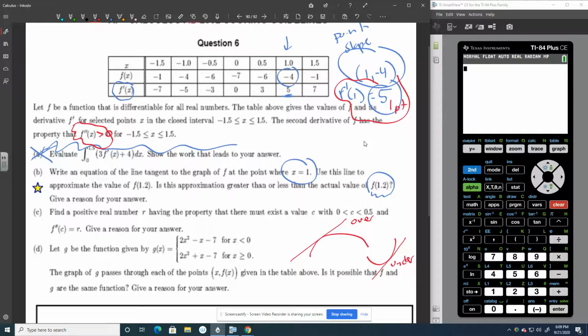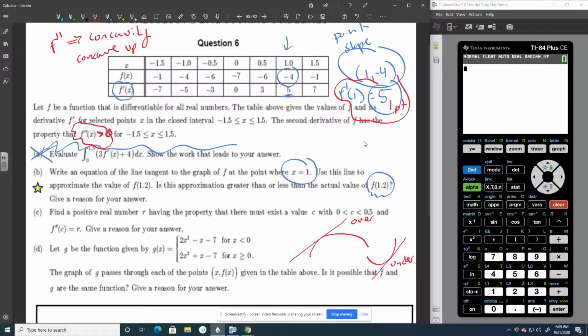So our second derivative tells us concavity about our original function. If our second derivative is greater than 0, then our original function is concave up.